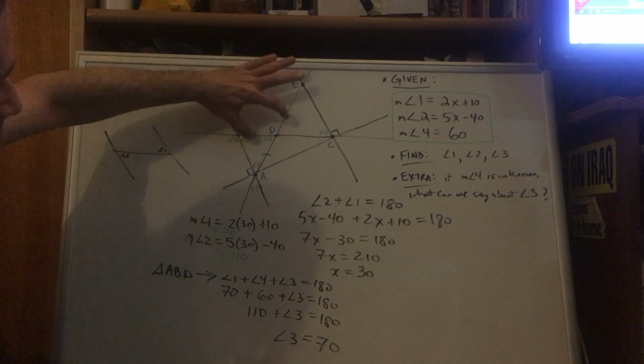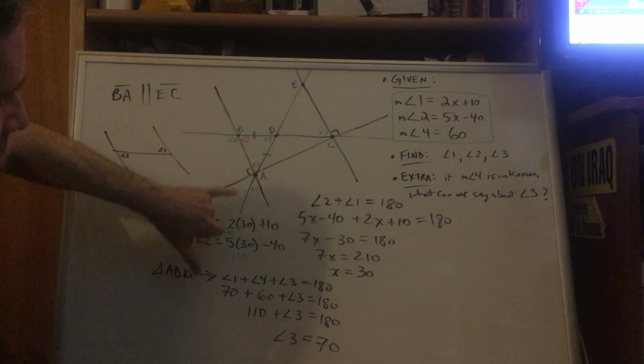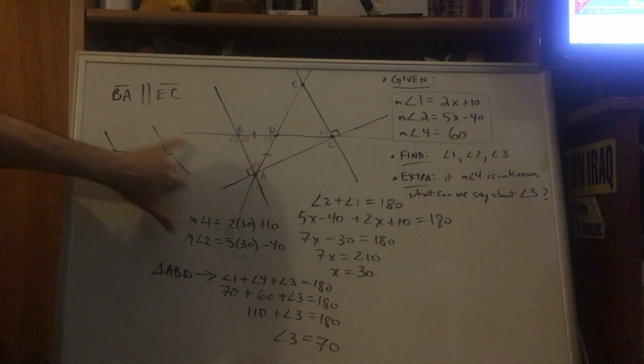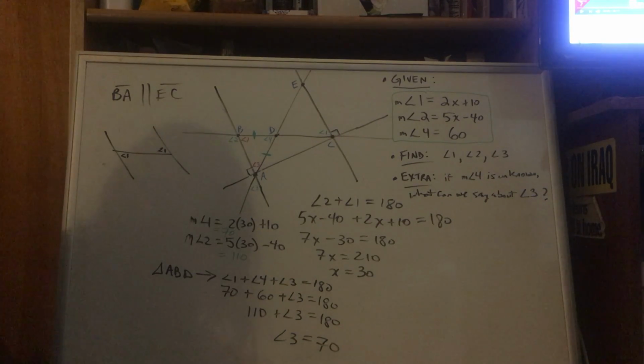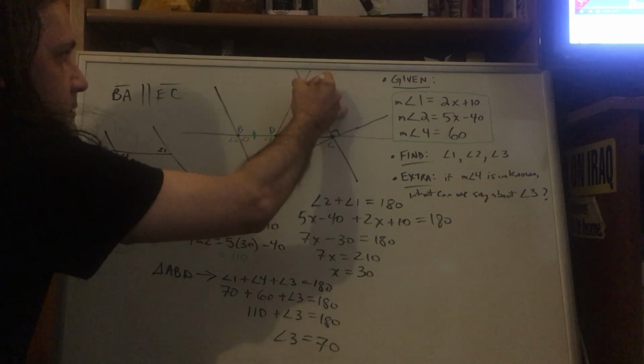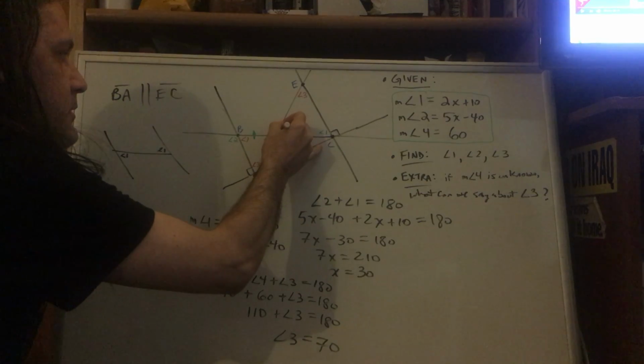The only thing we know is that these two angles would be vertical. And since we can already establish that BA is parallel to EC because of these right angles, that means, again, alternate interior, this would be the same as angle 3, and this would be the same as angle 4.